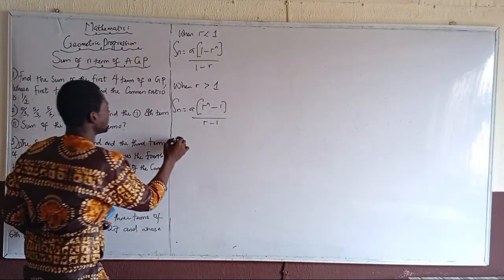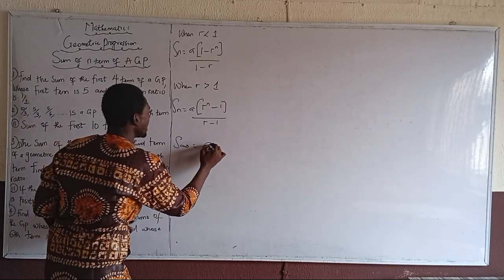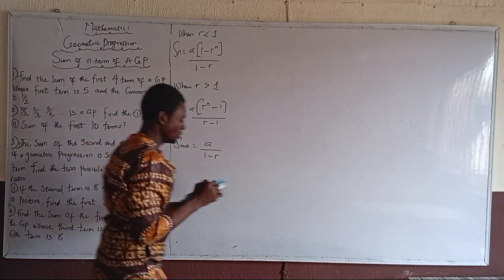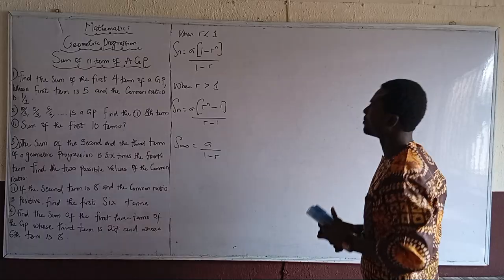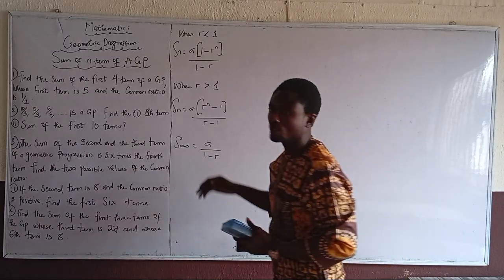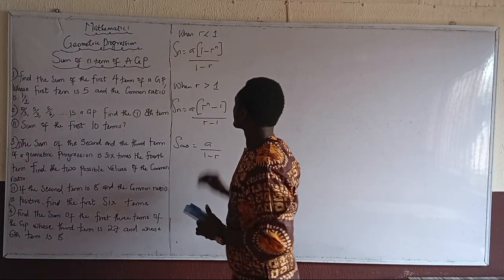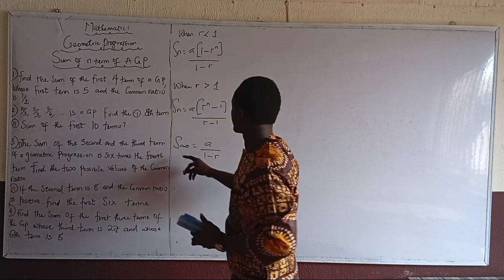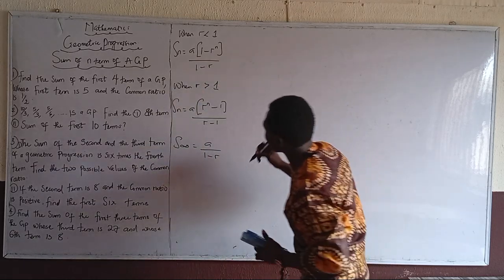Then we also have sum to infinity, which is a over 1 minus r. So these are the formulas for sum of GP: when r is less than 1, when r is greater than 1, and sum to infinity. So I start. Number 1.